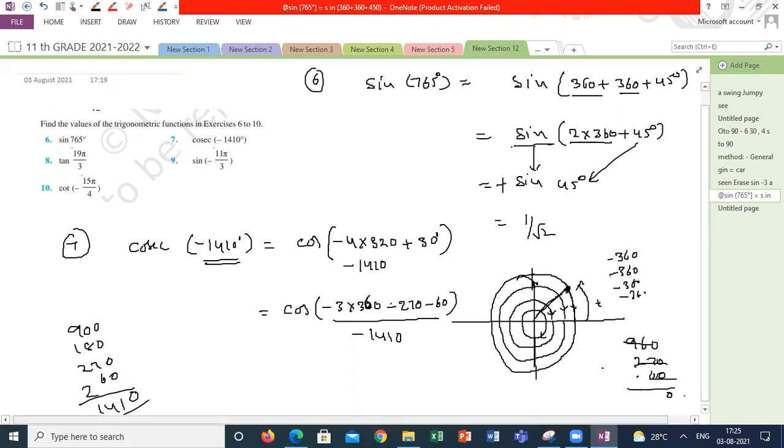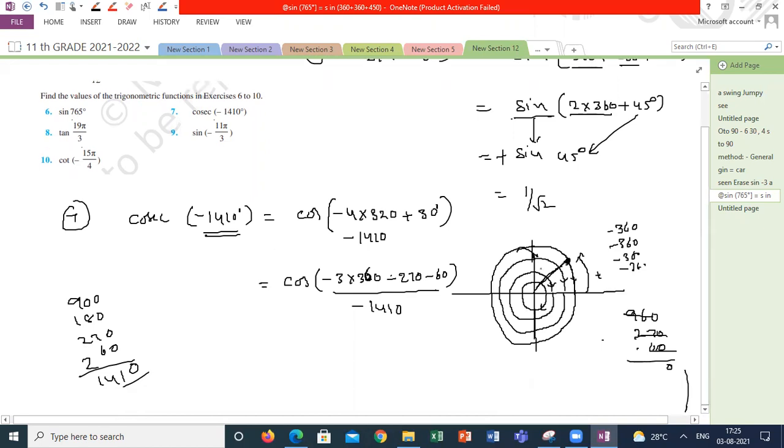You can take anything here. I'm trying to write in positives. So I'm getting cos of 30 degrees only. Why cos 30 degrees? These are even multiples of pi by 2. First quadrant is positive. 30 is coming, so writing as 30. So the answer is root 3 by 2.